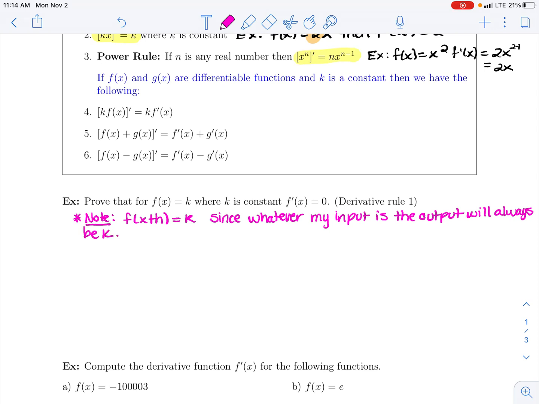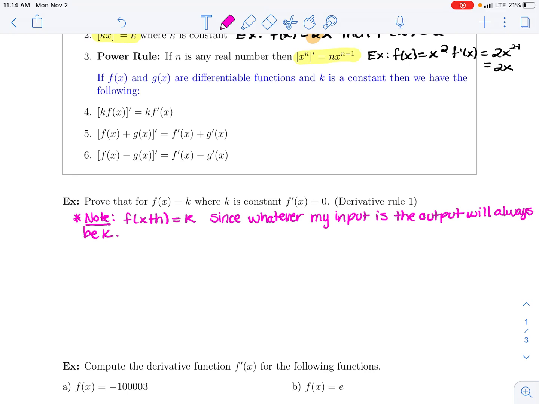If you think of that in terms of a real life example, if you have f of x equals 2, your constant function 2, then f of 1 is just going to be 2. F of 100 is just going to be 2.